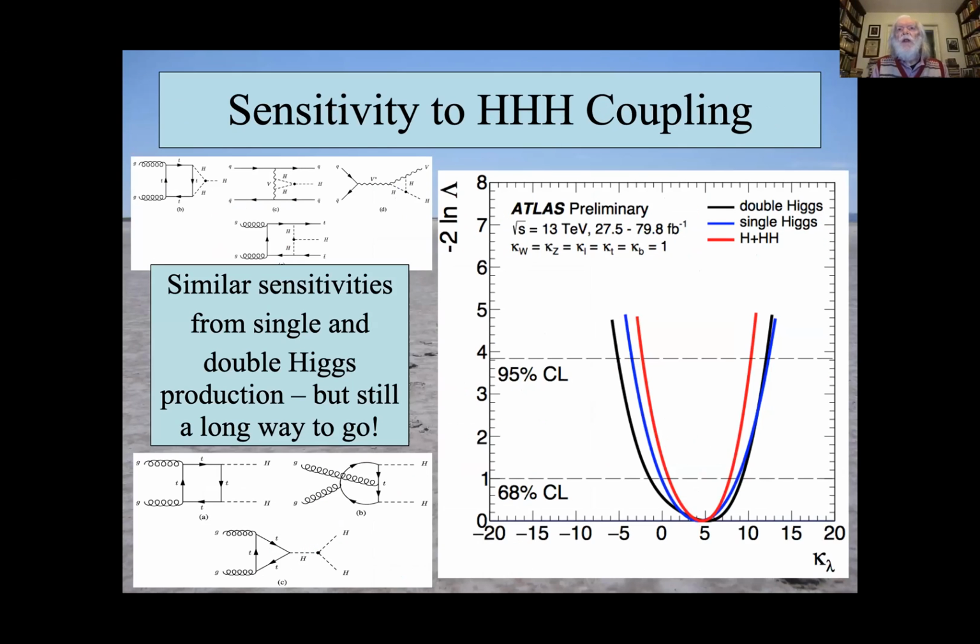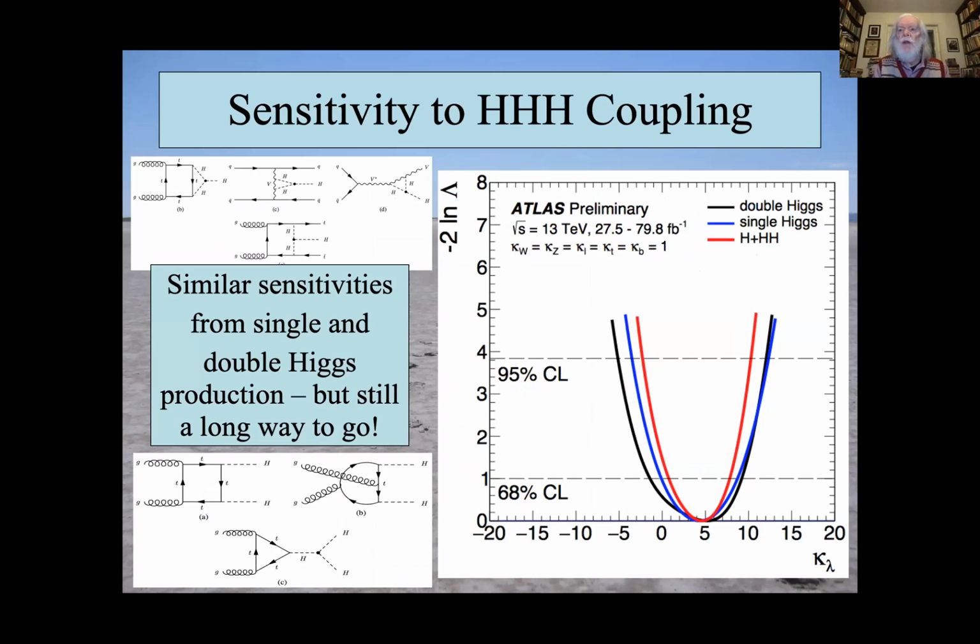So in the list of Higgs couplings that I showed previously, there was one missing, which is the Triple-Higgs coupling. And we see on the right here a plot from Atlas, which shows the current accuracy with which the Triple-Higgs coupling is measured. So there's some sensitivity from both single and double Higgs production, but as you can see, the overall accuracy is not good at all.